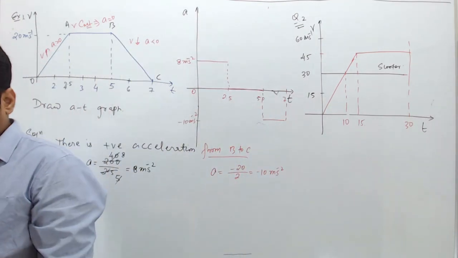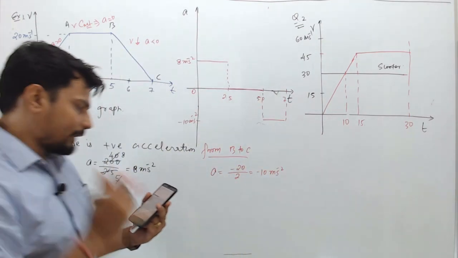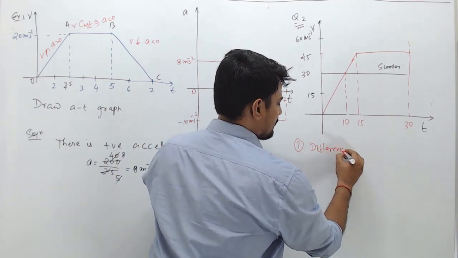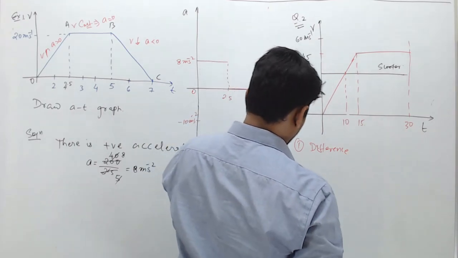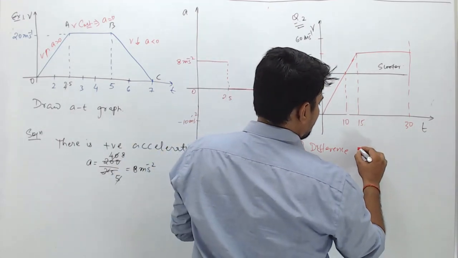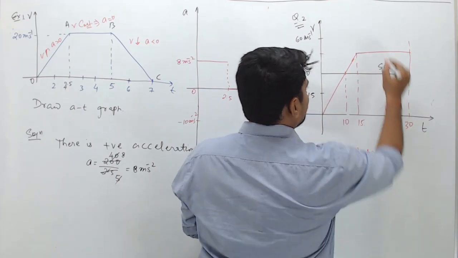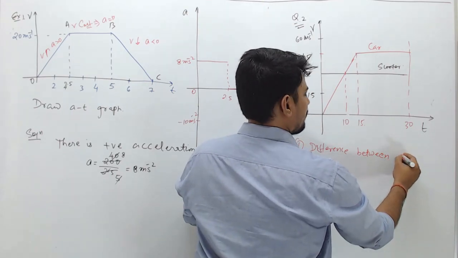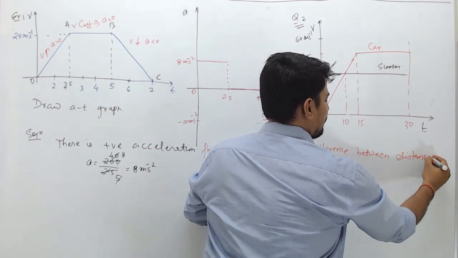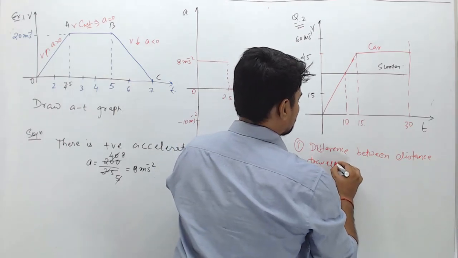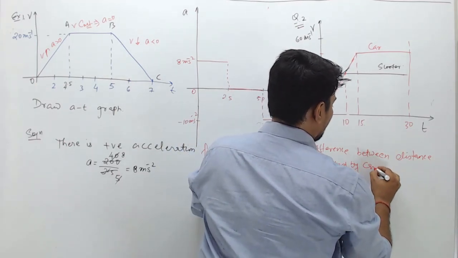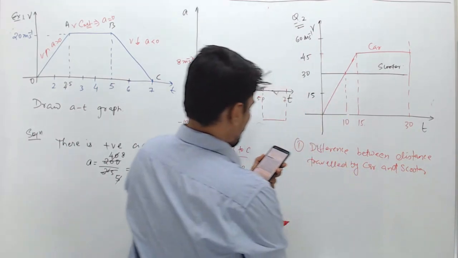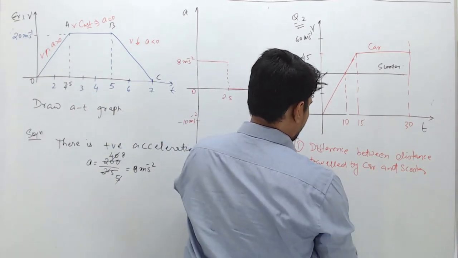Now, the question to you is, number 1, find the difference between the distance traveled by the car and the scooter in 15 seconds.